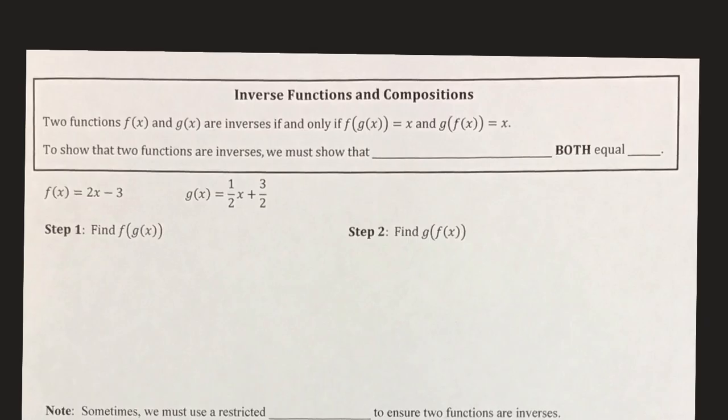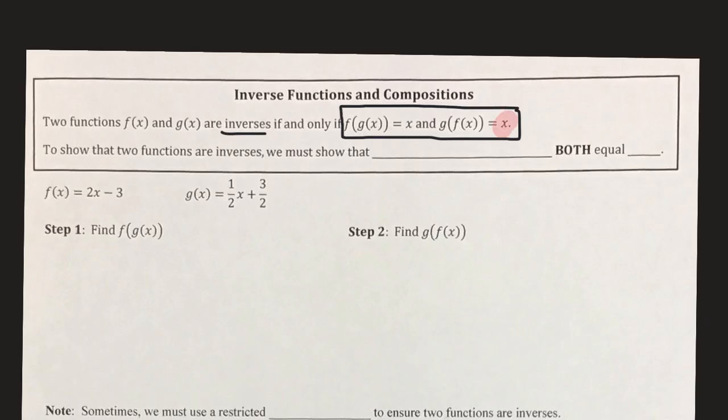So to tie inverses back into what we were doing last week, compositions, okay? 2 functions are inverses of each other only if, when you do their compositions, both ways, when you do f of g of x and g of f of x, and then you reduce, you get x as your answer.